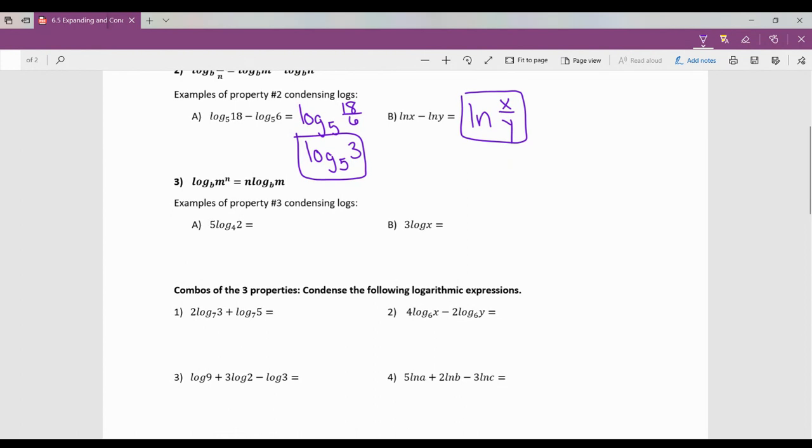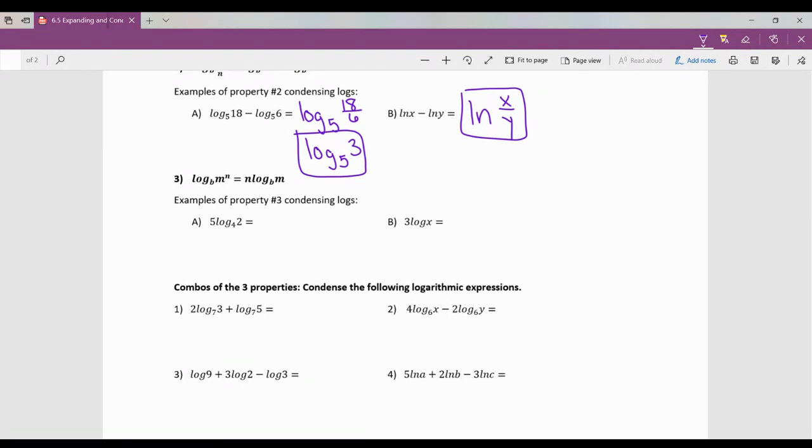Okay, and the third property says, if we have an exponent, log base b of m to the n, I can take this exponent and relocate it down in front so that it becomes n times log base b of m.